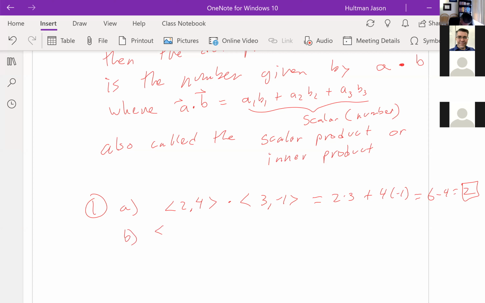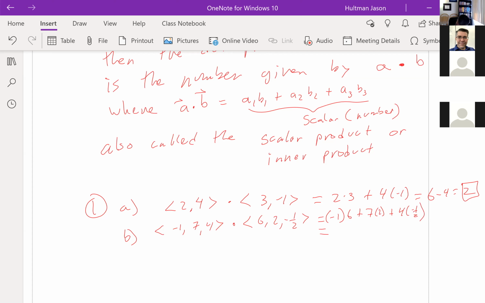Okay, B, let's try one in 3 dimensions. -1, 7, 4 dotted with 6, 2, -1/2. This is going to be -1 times 6 plus 7 times 2 plus 4 times -1/2.